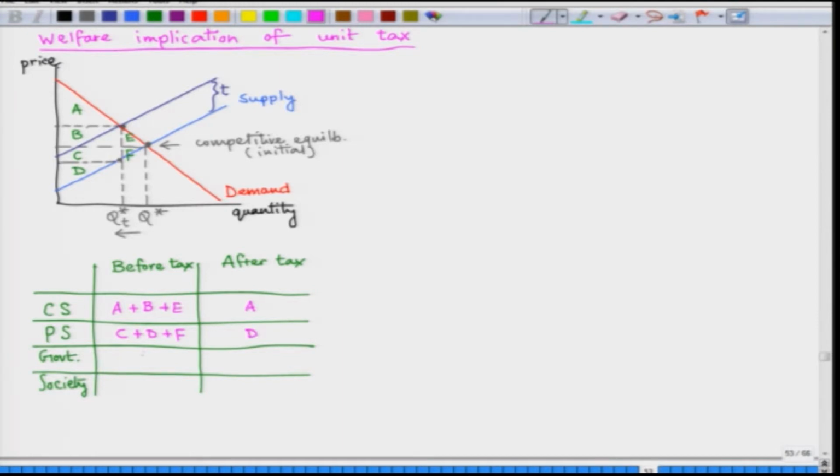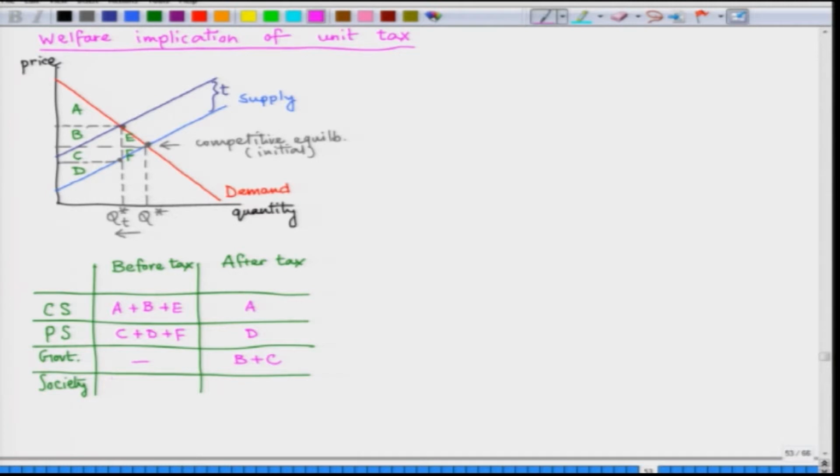And when there was no tax, government was earning nothing. So, basically there is nothing in this cell, but now after tax imposition government receives tax revenue which is given by the area B plus C, right.